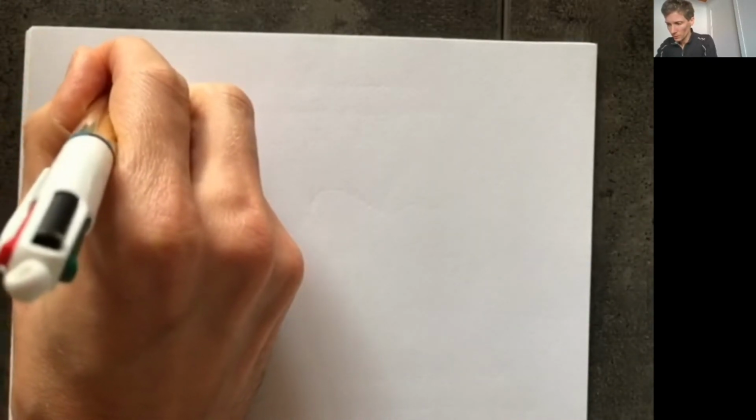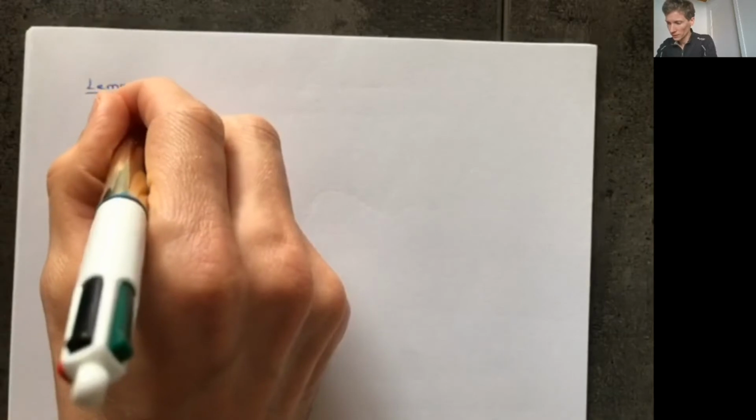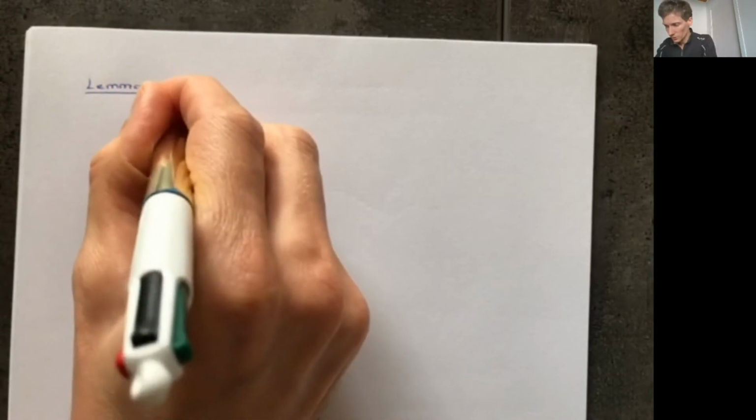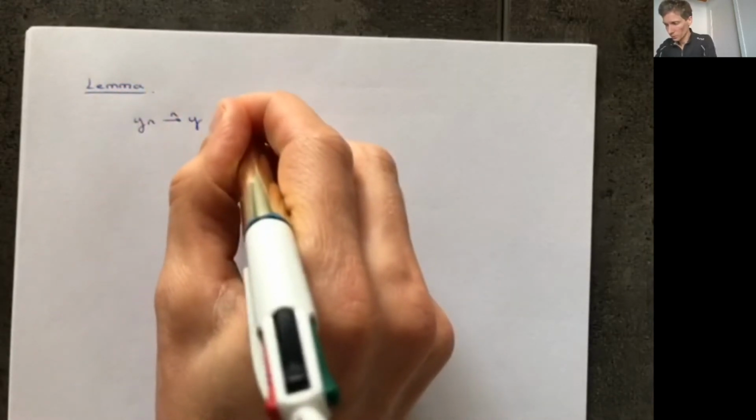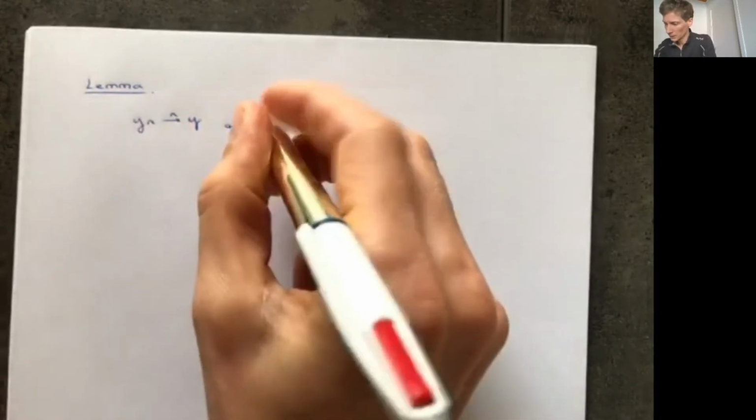In order to show this, we're going to use a previously established lemma that we have shown, I think, 2 videos ago. I hope you still recall it: if I have a sequence, let's say yn, then yn converges to y if and only if the following holds.